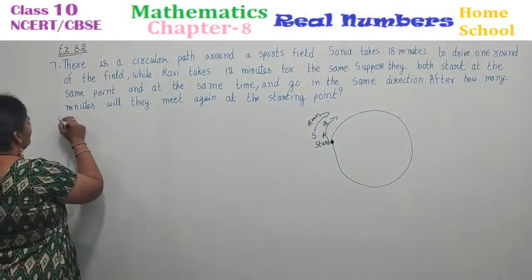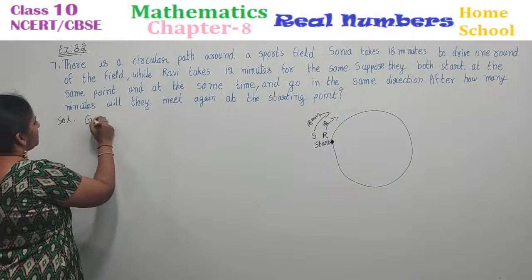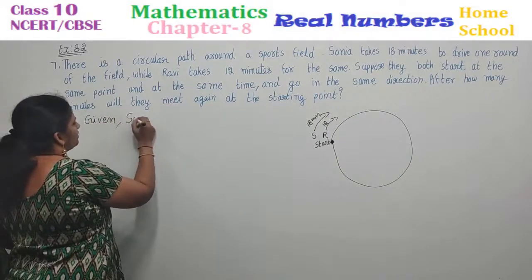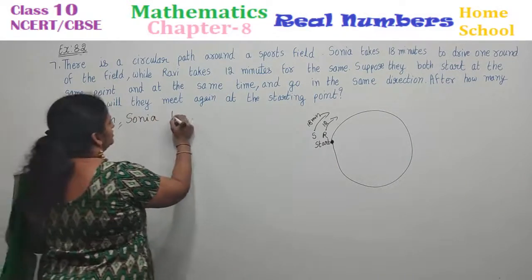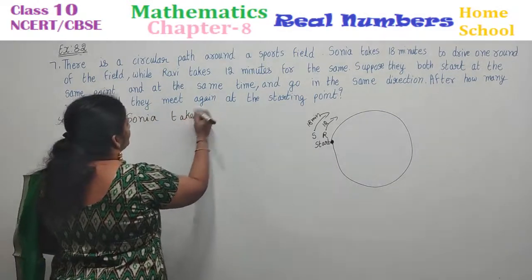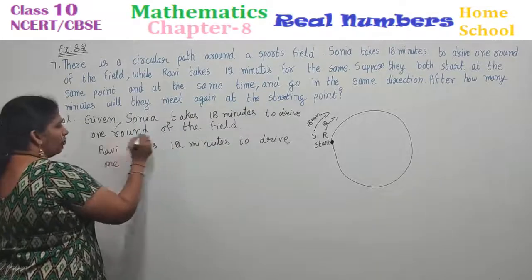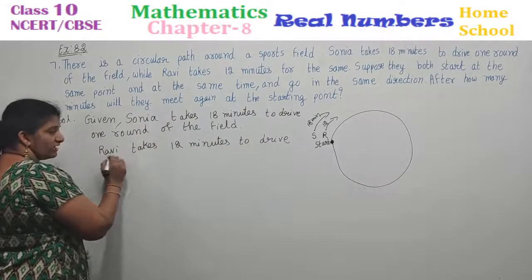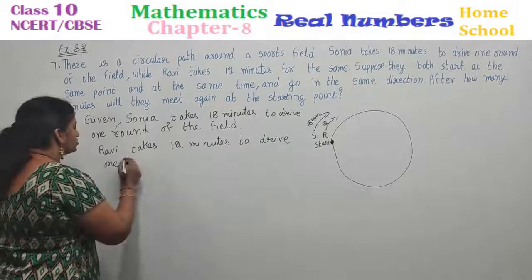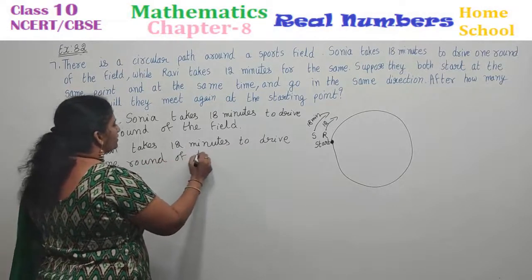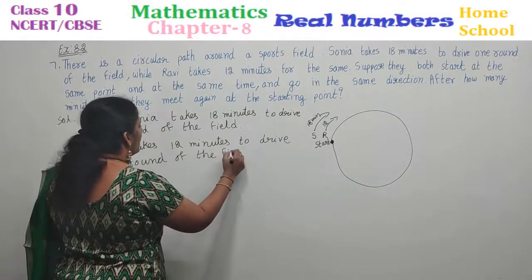Our solution. Given. What is given? Sonia takes 18 minutes to drive one round of the field, and whereas Ravi takes 12 minutes to drive one round of the circular path or field.